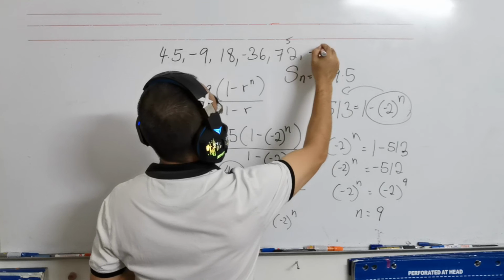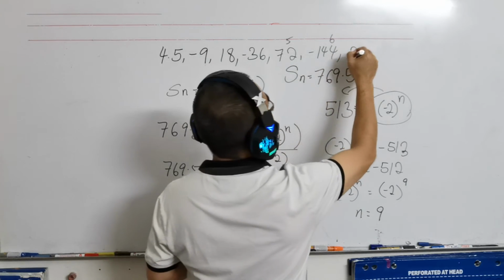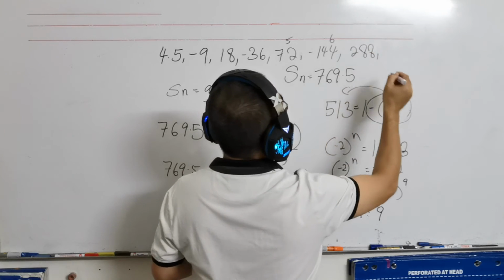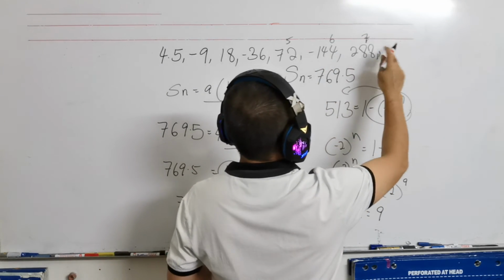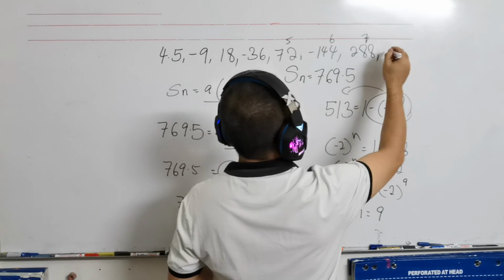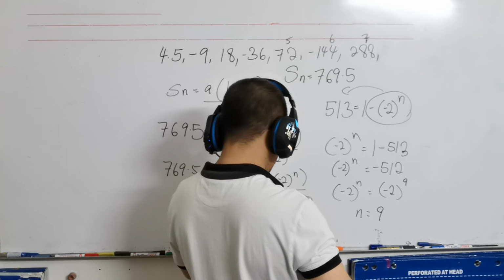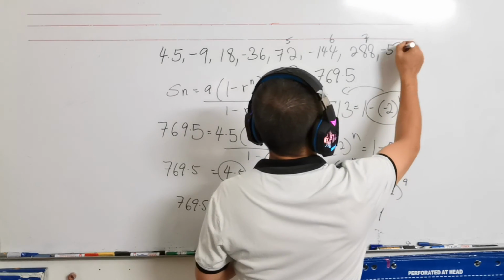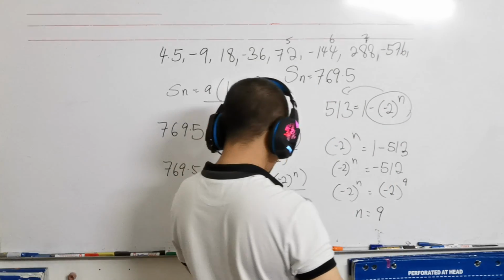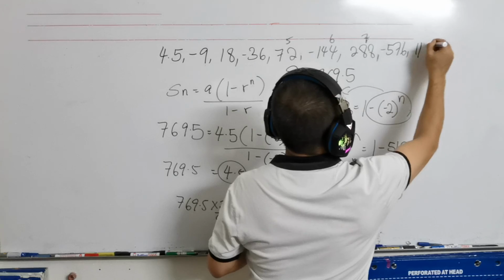And then negative 144, 6, and then 288, this is already the 7th, and then 288 times 2 will be 576, and then times 2, then 1152.